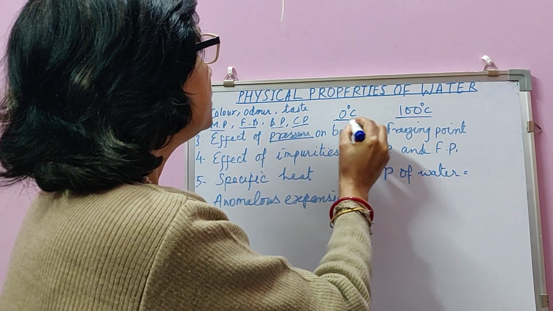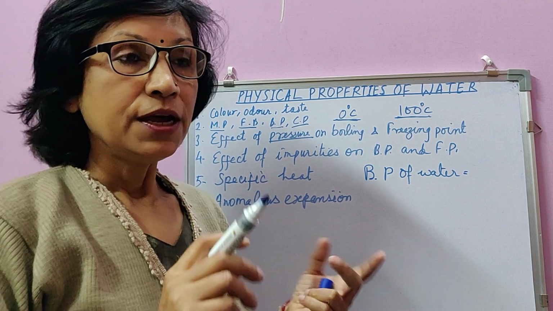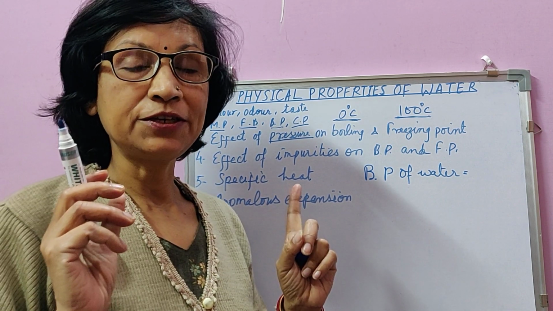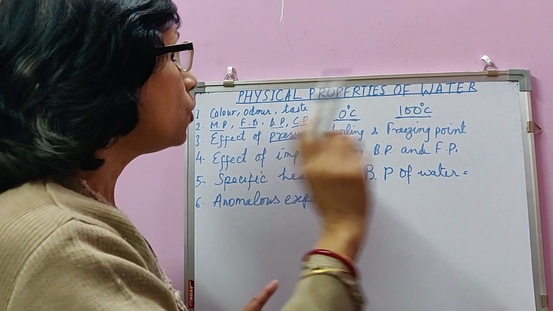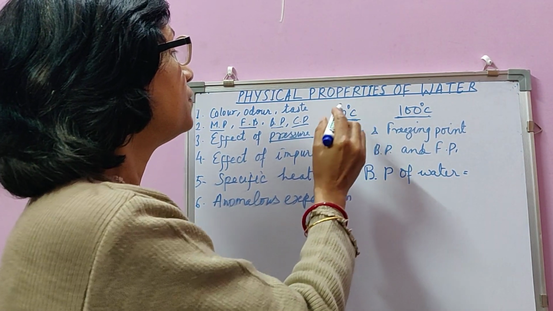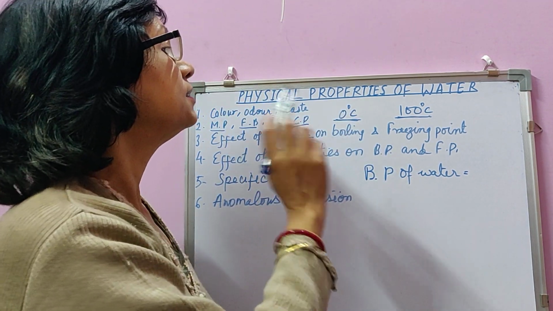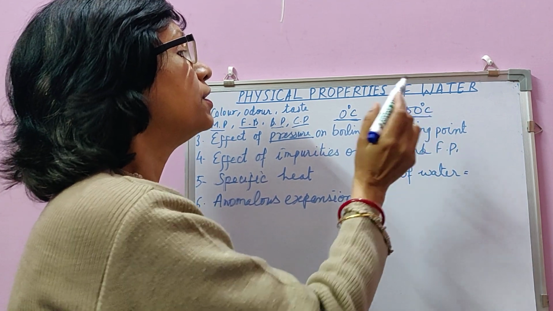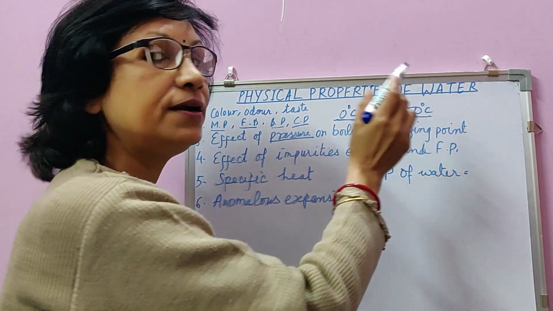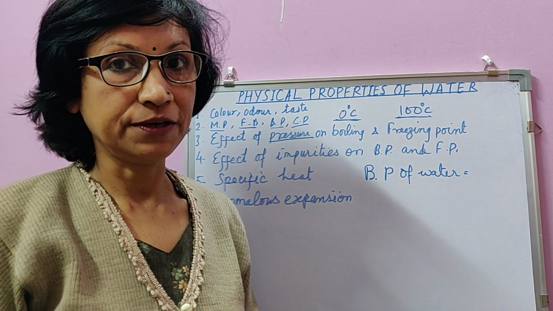When we state freezing point, melting point, etc., as so much temperature, it is taken at a standard pressure, that is 1 atmospheric pressure. It means pure water's melting and freezing point at 1 atmosphere is 0 degrees Celsius, and pure water's boiling and condensation point are 100 degrees Celsius at the same 1 atmospheric pressure.